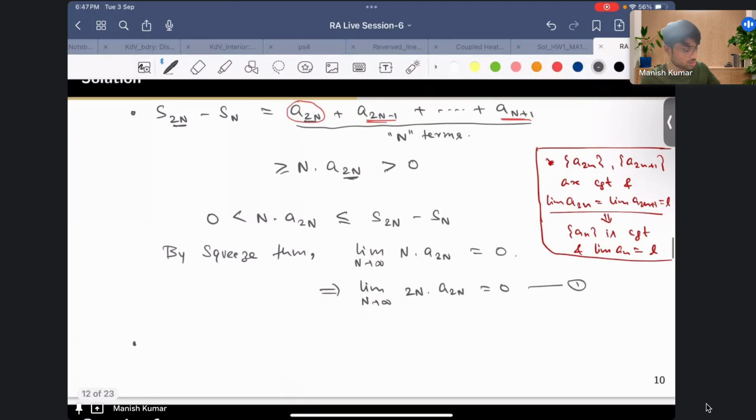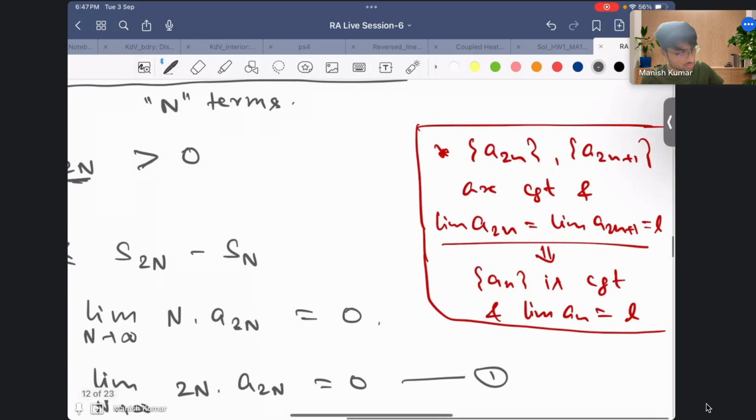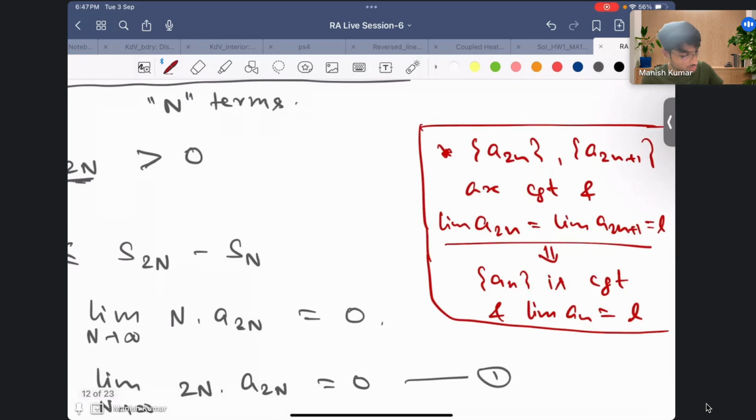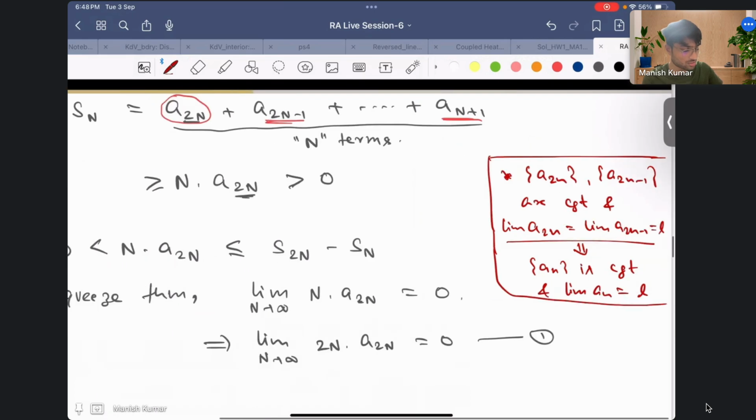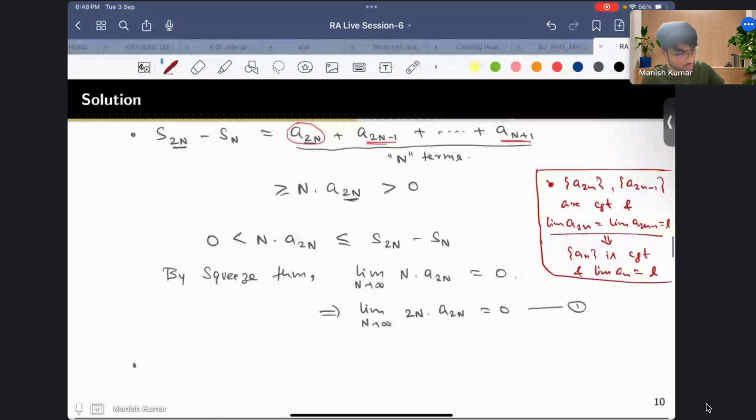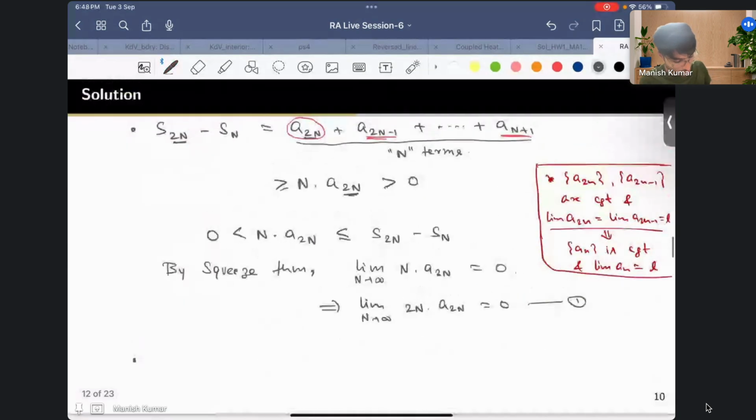Okay, let me write 2n minus 1 here, then it would look good. Although the first terms do not matter in convergence, let's write 2n minus 1 for completeness.